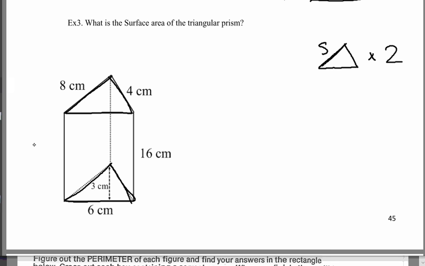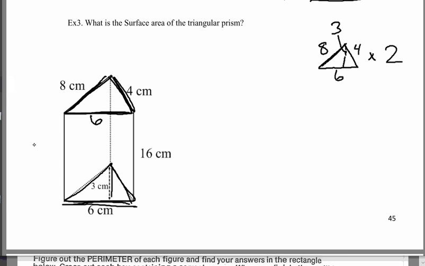Well, we see that we have 8 for this side length, 4 for that side length. That 6 matches up there, so that's 6. And then we have a 3 centimeter through the middle. 8, 4, 6 triangle and a 3 centimeter through the middle.